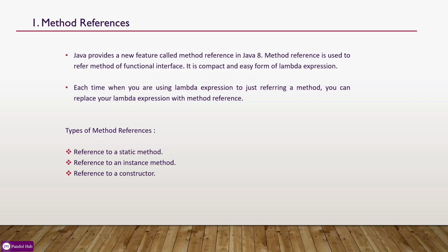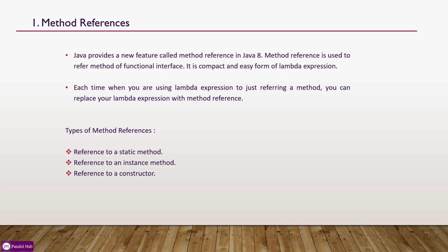So inside the lambda expressions, if you are calling some methods, you can directly replace it with the method references. This explanation will be easy to understand only when we see an example.